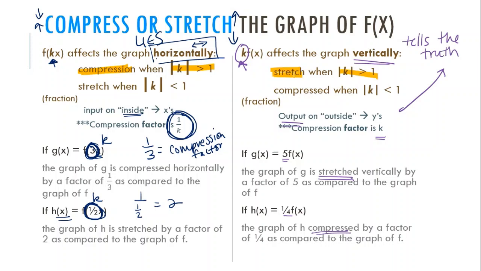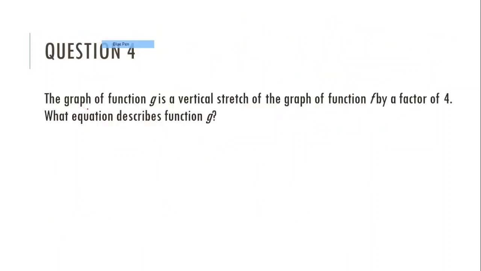They're opposites of one another. When my value of k is less than 1, when I'm dealing with a horizontal situation, I'm stretching. When I'm dealing with a vertical situation, I'm compressing. Quiz, just a different factor. It says the graph of the function is a vertical stretch. Okay, vertical tells the truth.